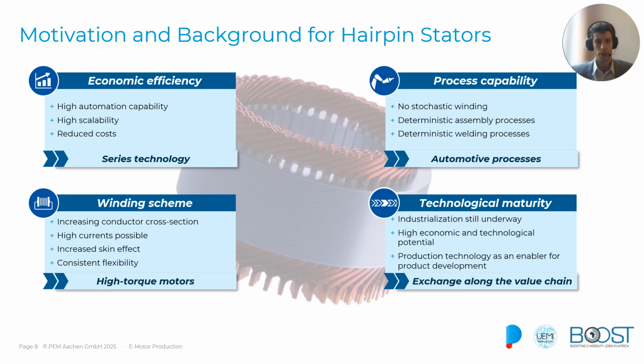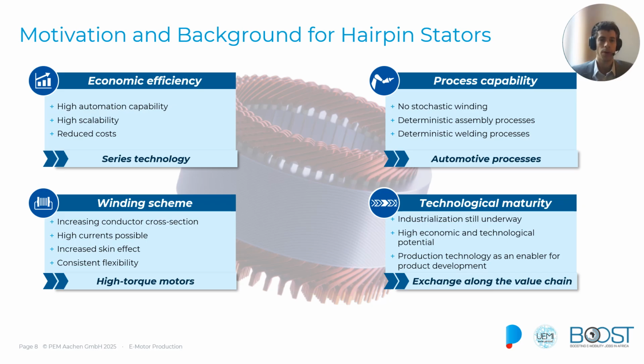But what is the motivation to switch to this technology, even if the production process is more complex? First of all, we have economic efficiency, with a high automation capability of the production process, which reduces costs.